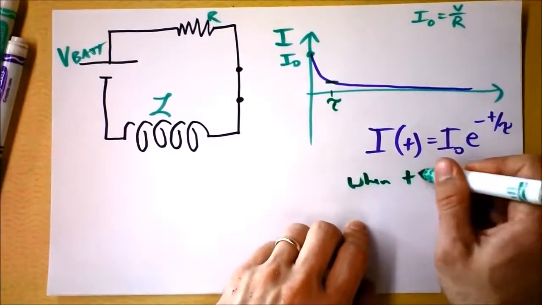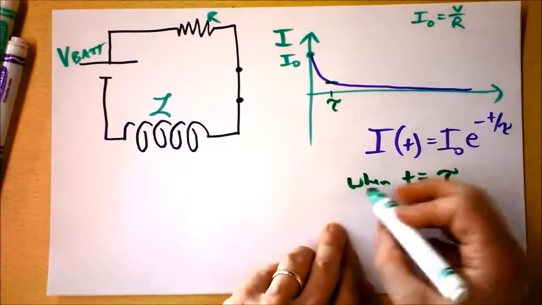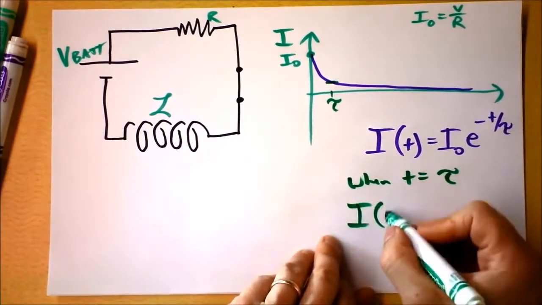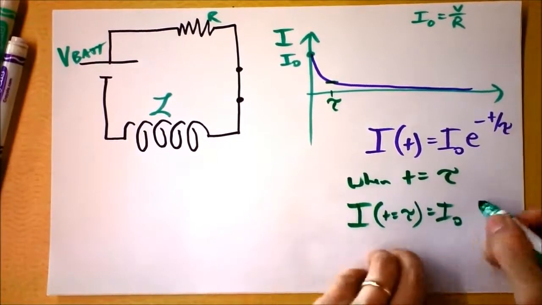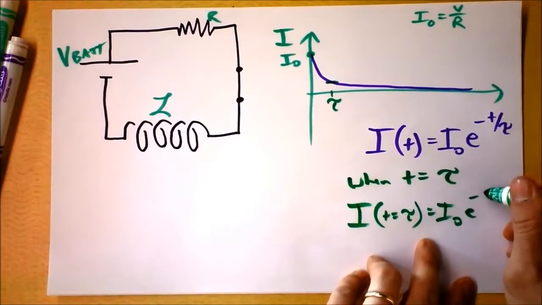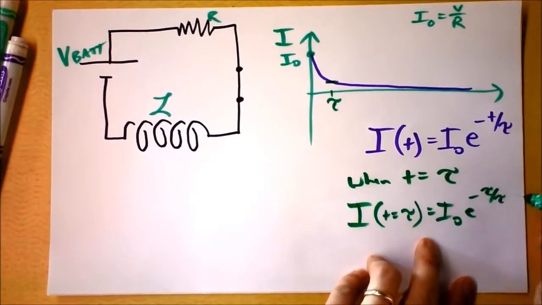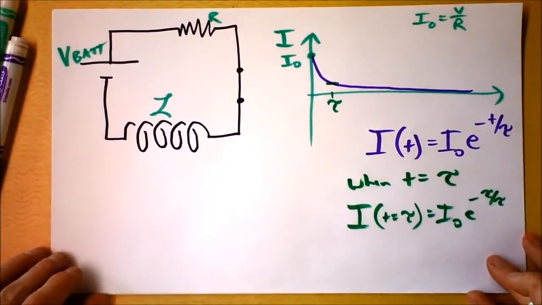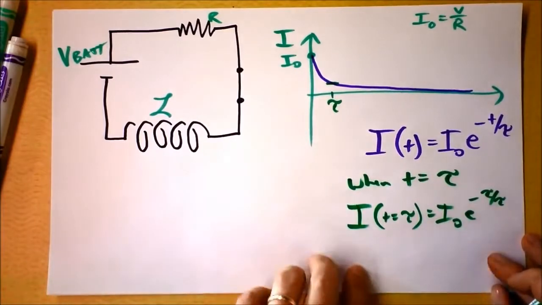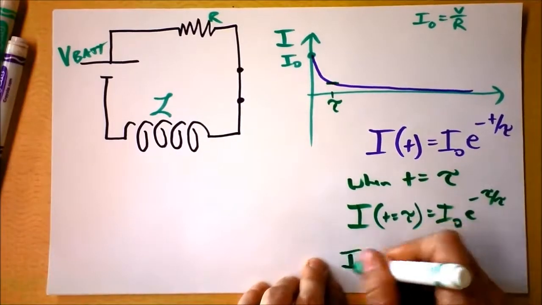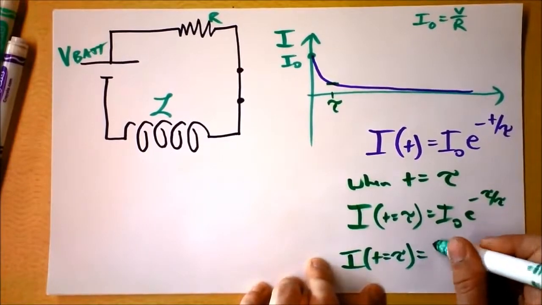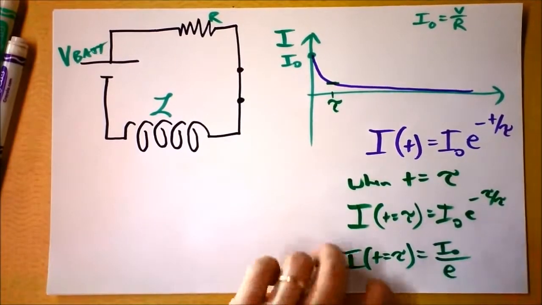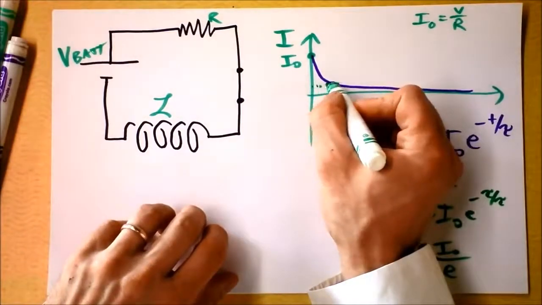When t equals tau, then the current at t equals tau is I naught times e to the negative tau over tau. And e to the negative tau over tau is simply e to the negative 1. And that means that the current at t equals tau is I naught divided by e. That's where my 1 over e is supposed to be.